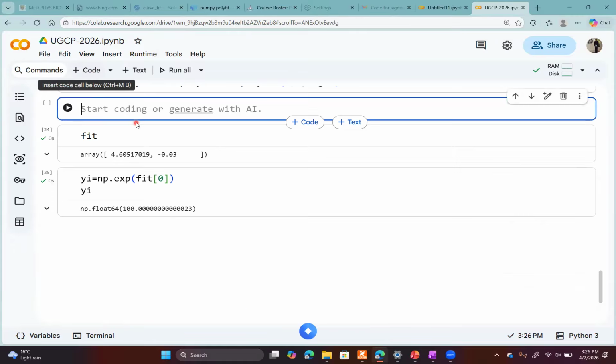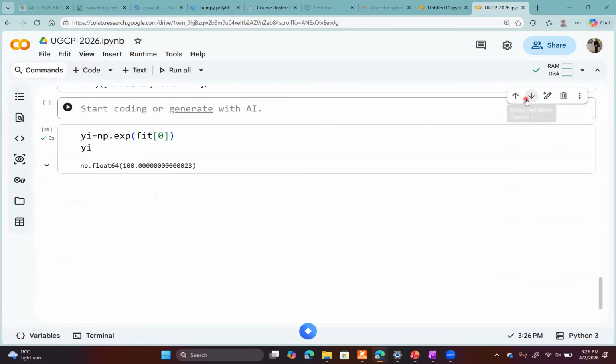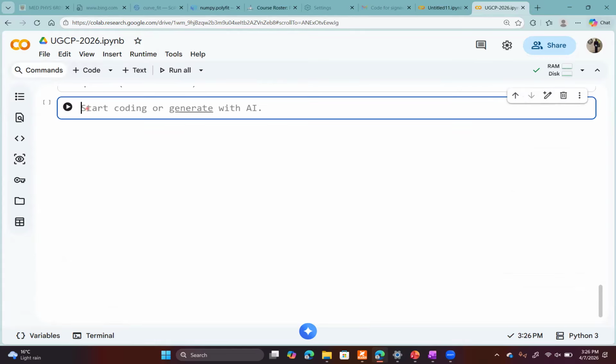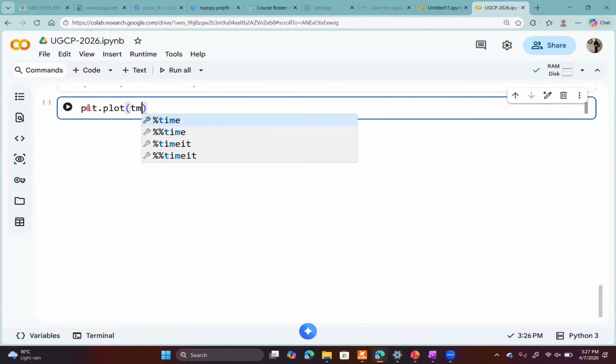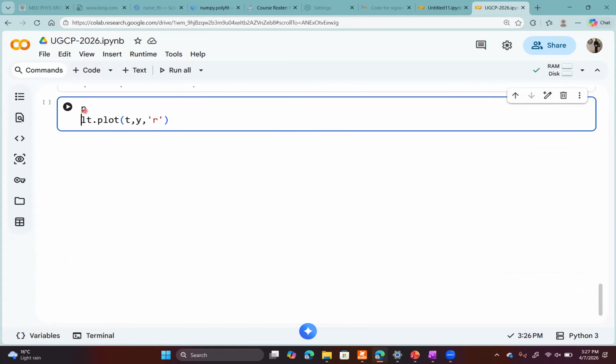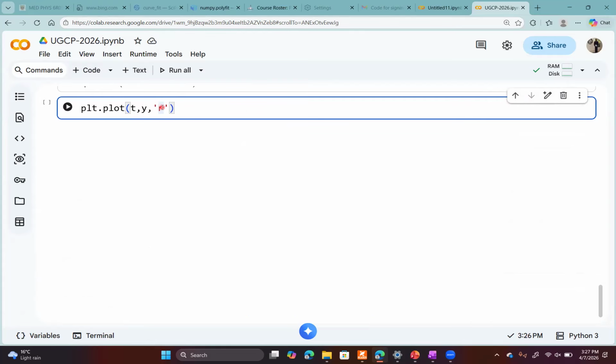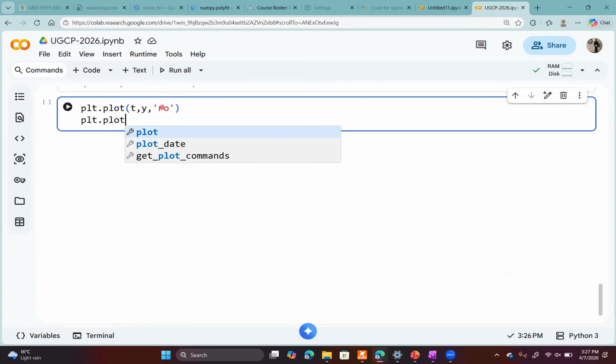So I generate another plot between time and the activity. So NumPy, so not that one. It is plt dot plot time and y, and okay, red circles, plt plot t y and blue line.